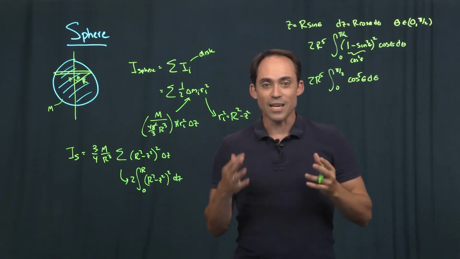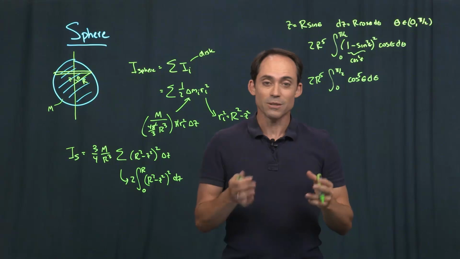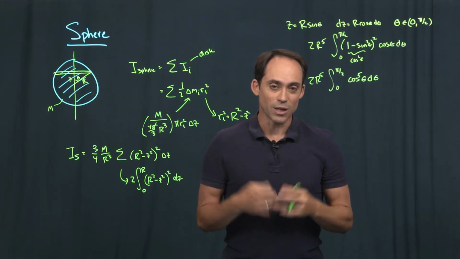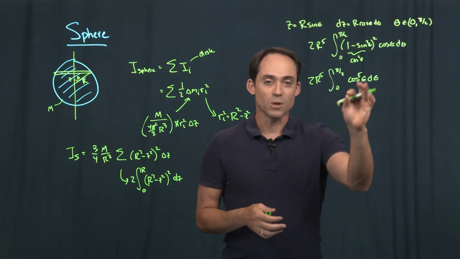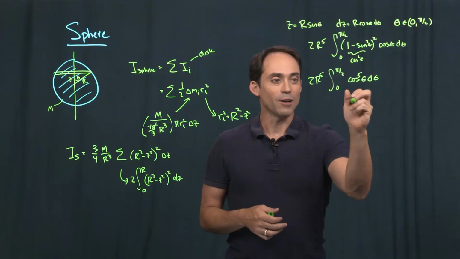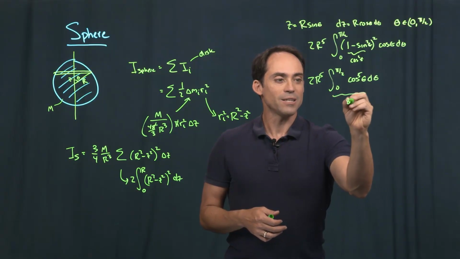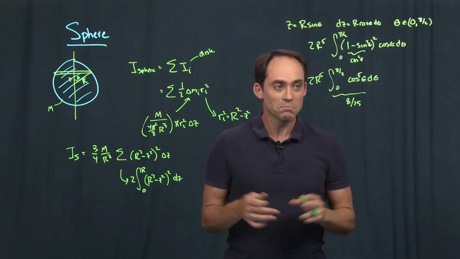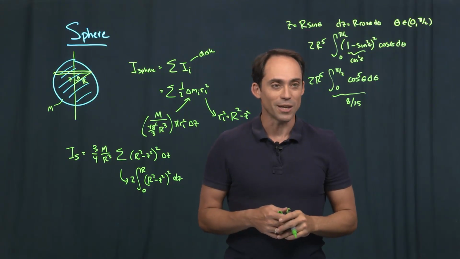And this looks like an easier integral to do. In fact, it's still a little more complicated. Normally for these kinds of integrals, you want to either look into an integration table, or you can solve this by integrating by parts. But in either case, you can come up with a numerical value for this of 8/15 by doing your integration carefully. That's a nice simple numeric value at the end there.